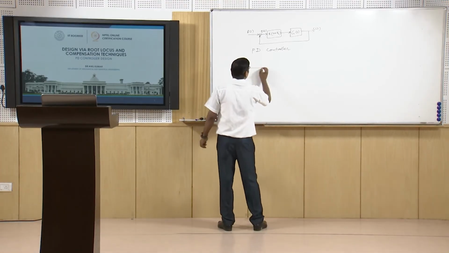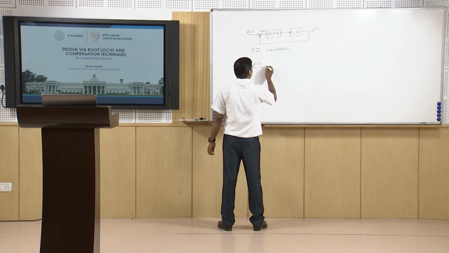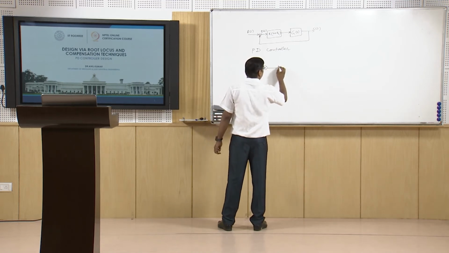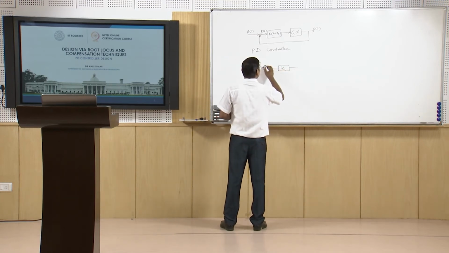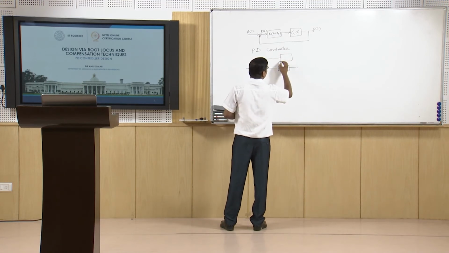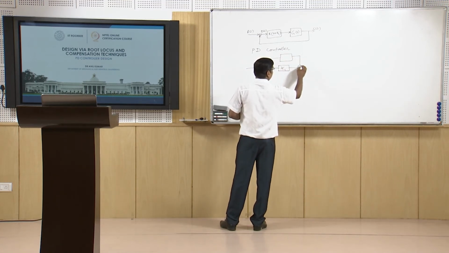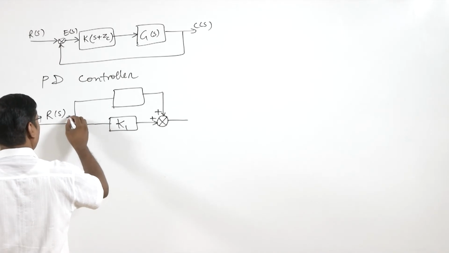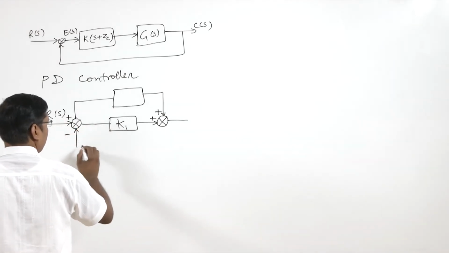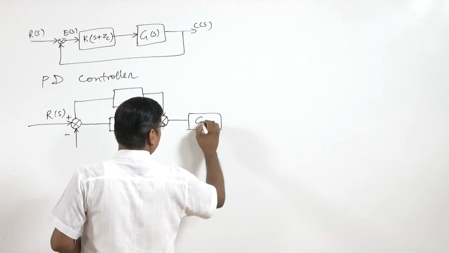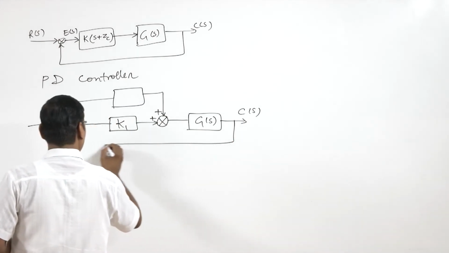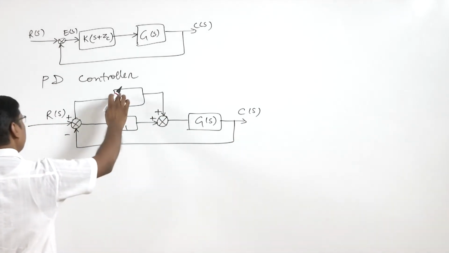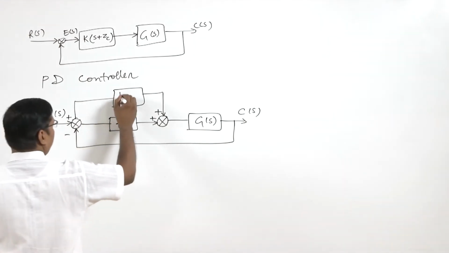So we have this R(s), here is the proportional part, let us say that is K1, and then here is the derivative part. And here is G(s), and here is C(s), and derivative means we have K2 into s.